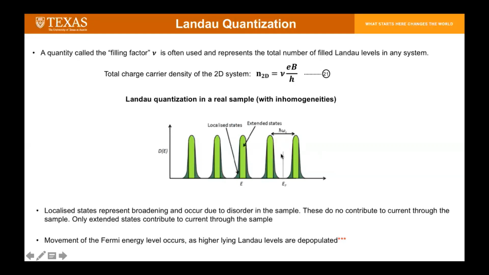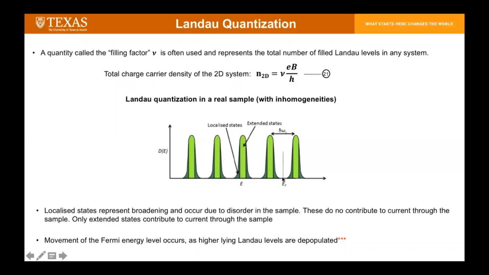You'll notice that this is the Fermi level. Let's assume that these 4 Landau levels are filled and this one is empty. So the Fermi level lies at this point. Now, if you look at the Fermi level, the density of states at the Fermi level has essentially gone to 0. There are no states at this point where the Fermi level is, right?